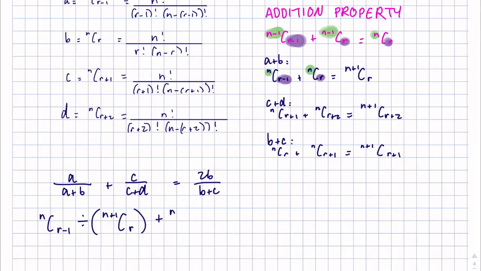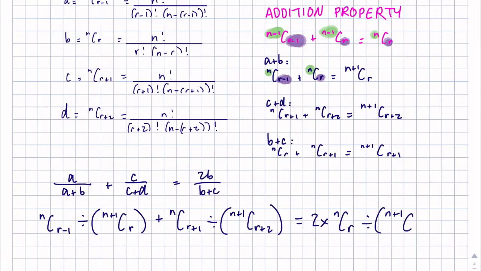I've got C, nC(r plus 1), divided by, that came out as (n plus 1) C (r plus 2). And that equals 2 lots of B, so nCr, divided by B plus C, which came out as (n plus 1) C (r plus 1).